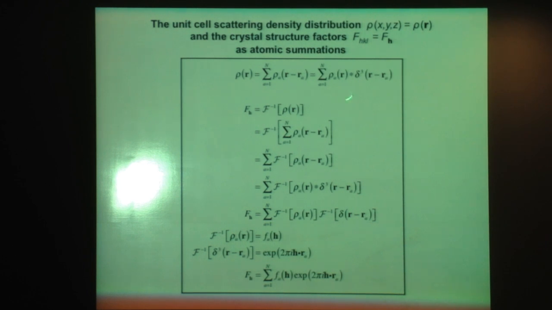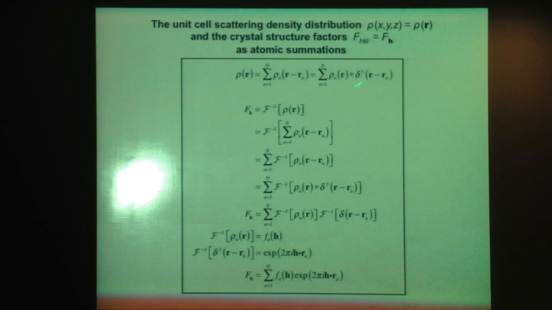That is, each atom has its own electron density distribution, and then we position each of those atoms at the atomic coordinates for the atom of interest: general position in the unit cell, R, and that atomic position, R sub A.